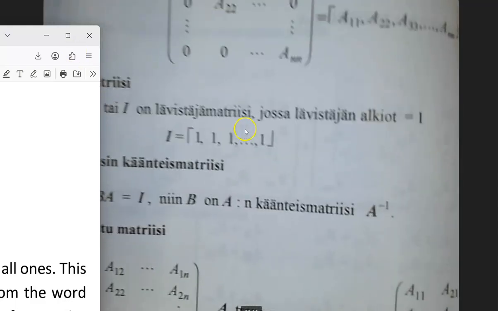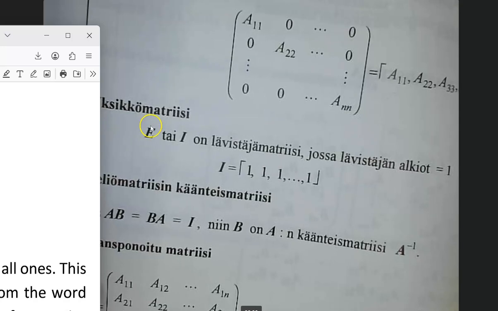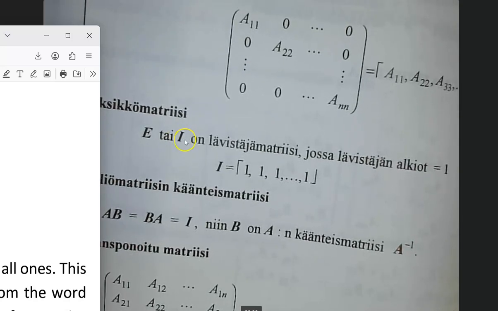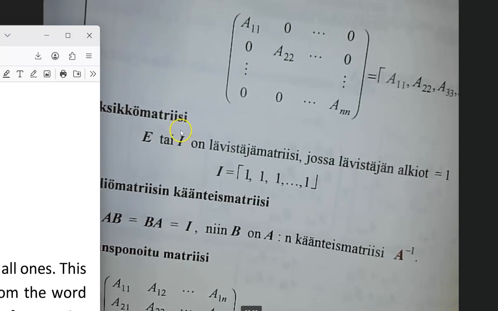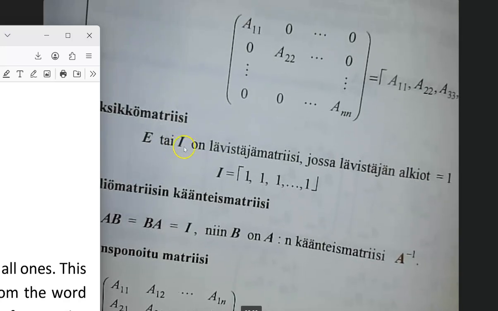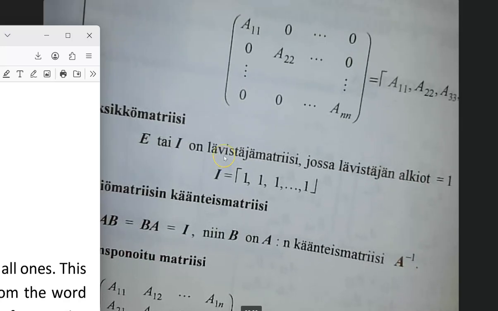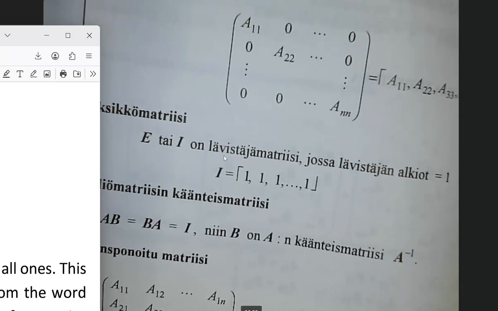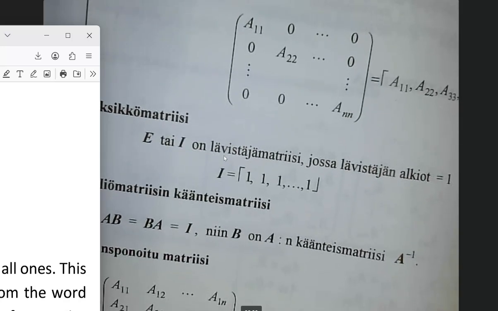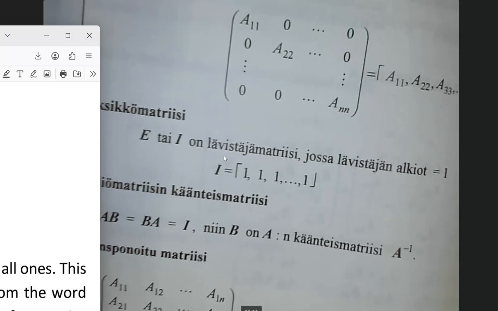So here this uppercase I, or capital I, is a diagonal matrix in which the elements in the main diagonal are all exactly one.